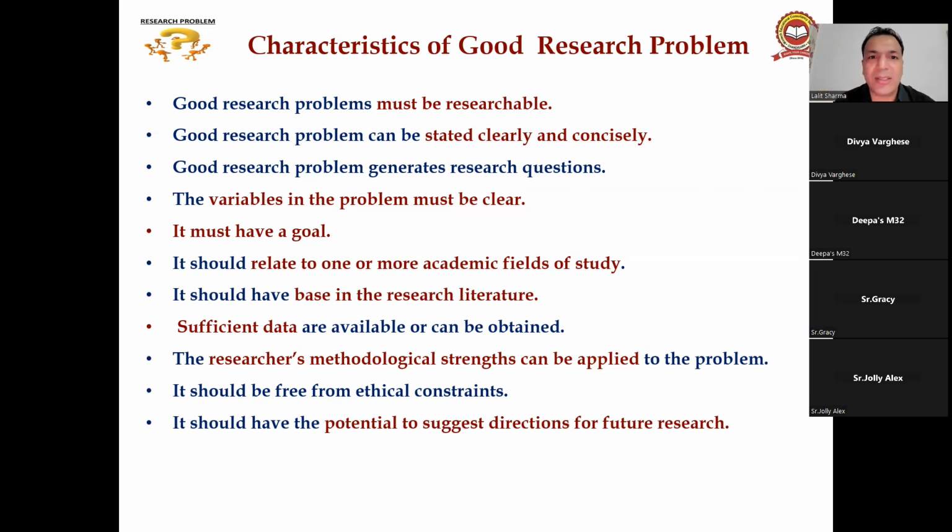Number one, a good research problem must be researchable. It can be stated clearly and concisely. It generates research questions. The variables in the problem must be clear. What are the variables you have to keep in mind? By the same example, one variable is Facebook.